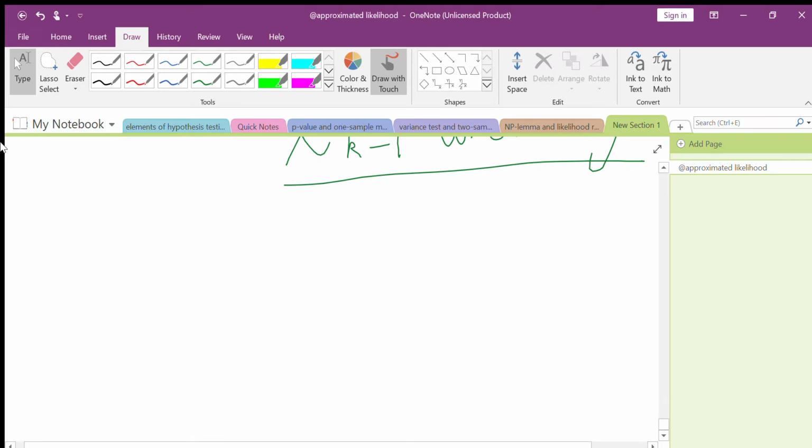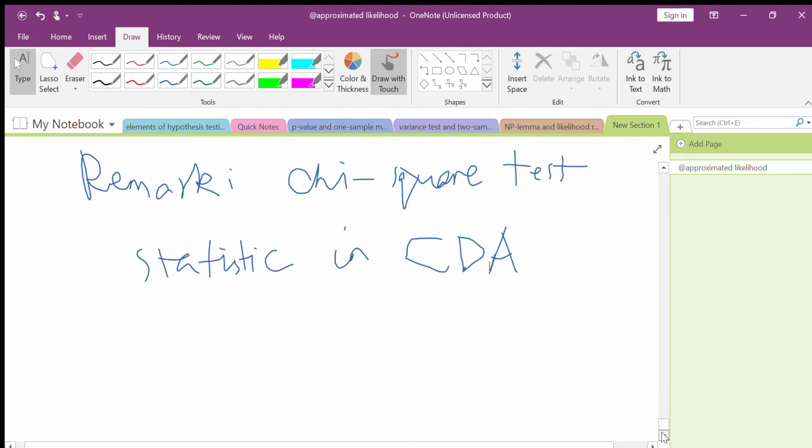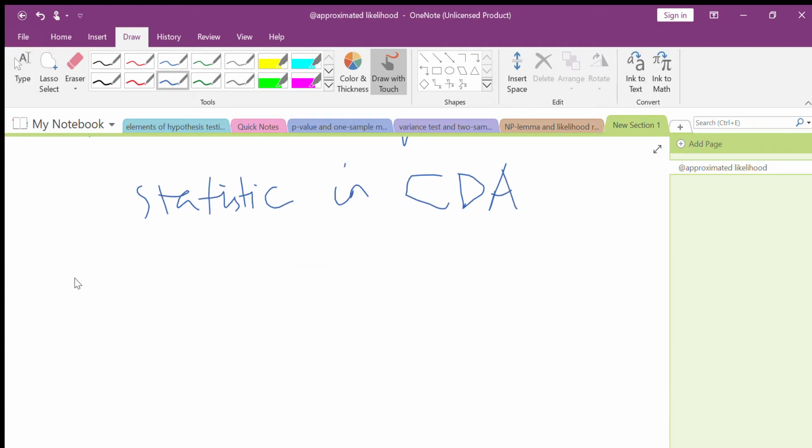And for the chi-square test, let's do a quick remark. The chi-square test statistic in categorical data analysis, CDA, mainly has 3 applications.